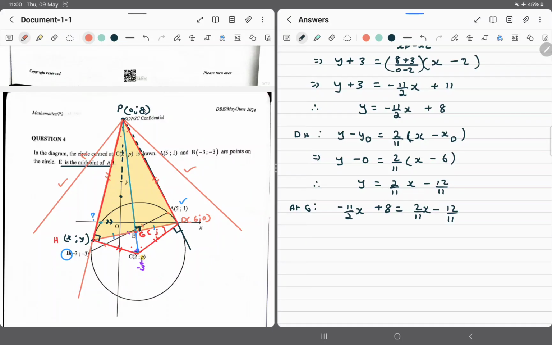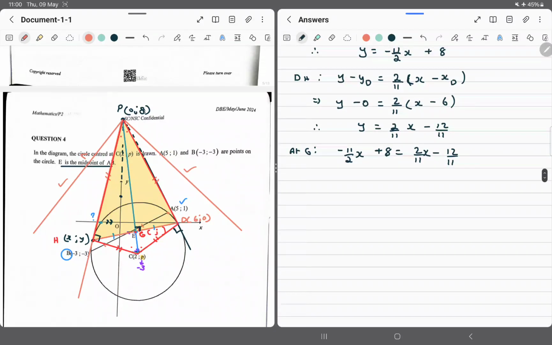Be careful, guys. The substitutions must be on point. So basically here we can just take that and bring it here. So this implies that we've got 2/11 x plus 11/2 x, which is going to be equal to minus 8 minus 12/11.